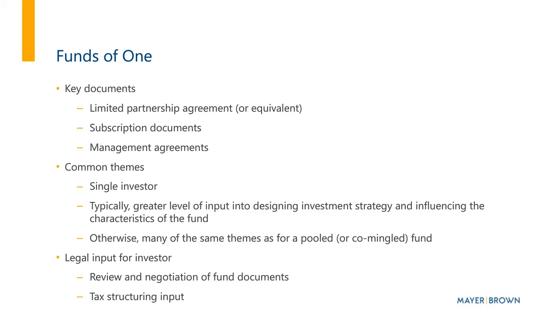For example, if we're advising a potential investor in a fund of one, we would typically expect there to be more extensive negotiations related to the terms of the limited partnership or other constitutional documents to seek to make the terms more balanced as between the manager and the investor. In other words, it's a more negotiated process than simply investing in a pooled fund.